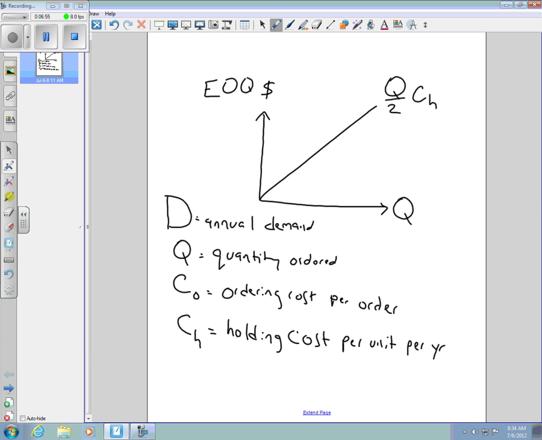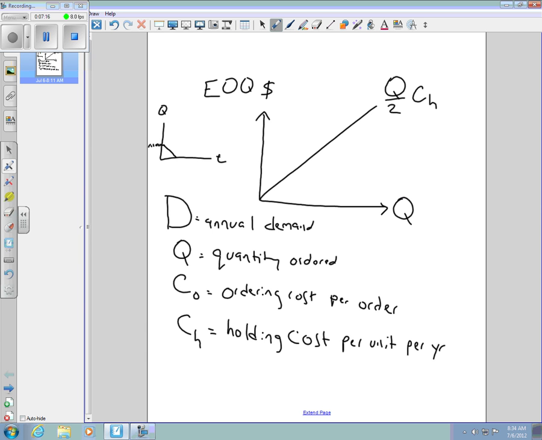If I order in increments of 1,000, on average, I'm going to have 500 units laying around. Because what will happen, let's say this is the quantity I ordered, this is the amount of inventory I have on hand over time. So let's say this is that 1,000 units. I order 1,000 and I use that inventory up.